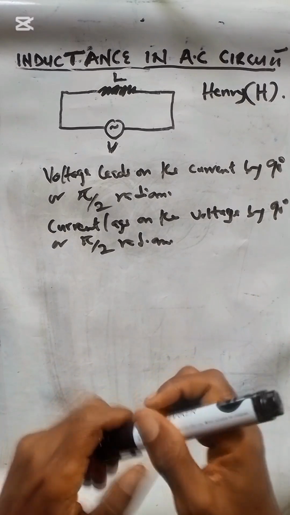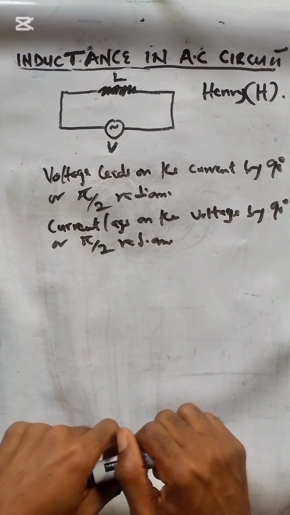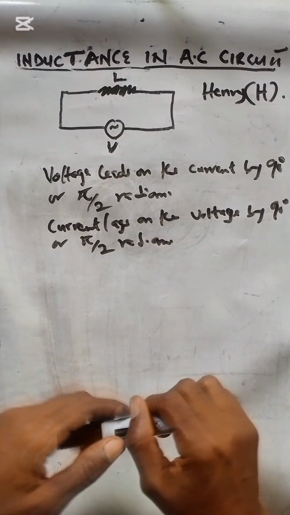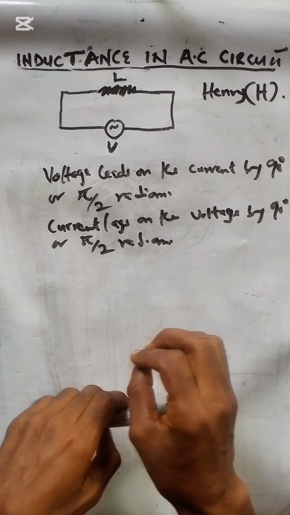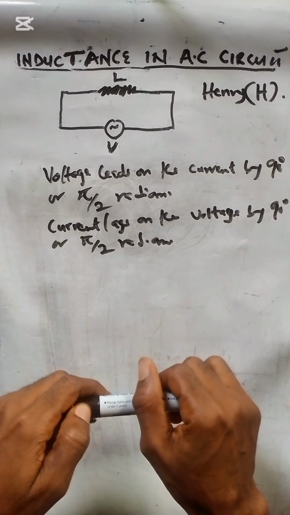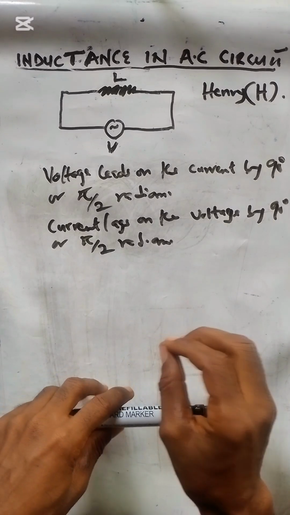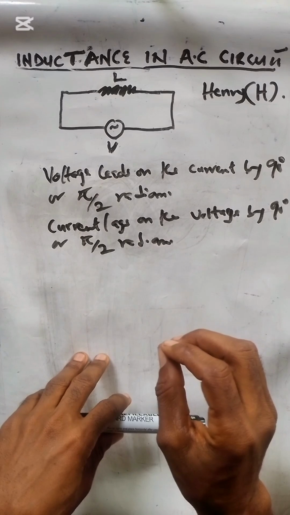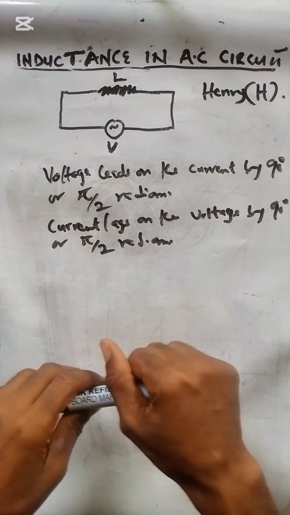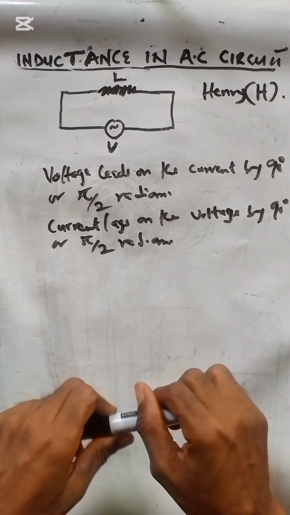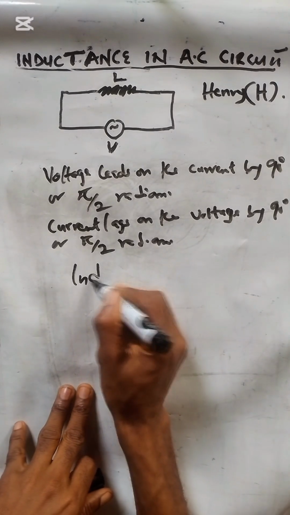Take note of that. There's no perfect inductor. There will be some resistance in it, just like I said for the capacitor, that will oppose the flow of current.